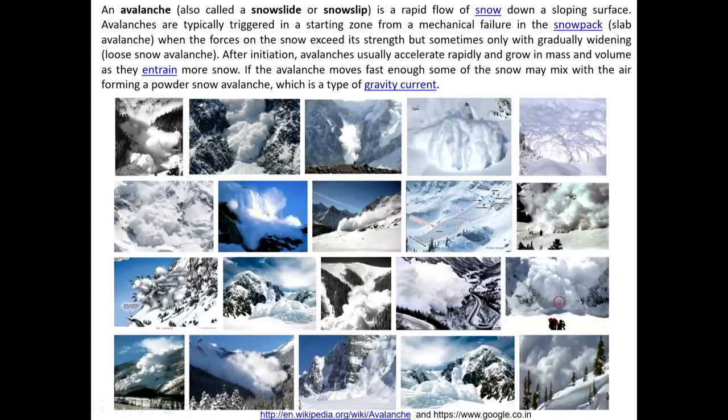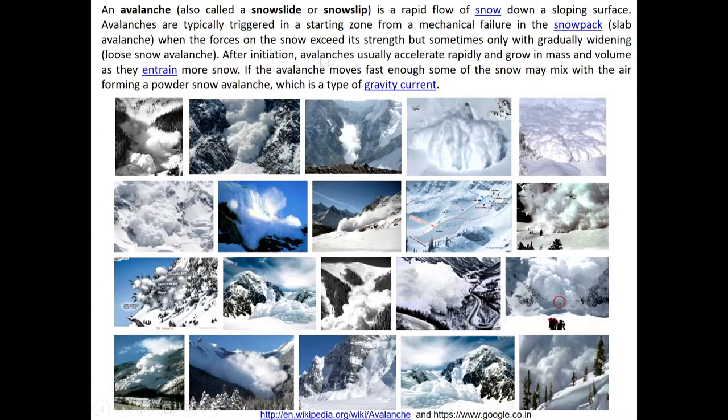So what is an avalanche? An avalanche is also called a snow slide or a snow slip. It is a rapid flow of snow down a sloping surface. These avalanches are typically triggered in a starting zone from a mechanical failure in the snowpack. This kind is called a slab avalanche, when the forces on the snow exceed its strength, but sometimes it is only a gradually widening loose snow avalanche.